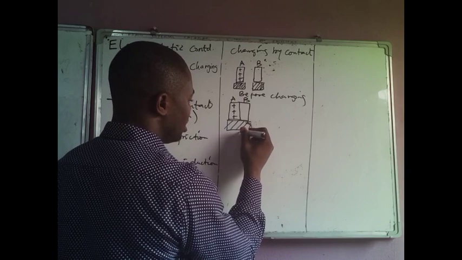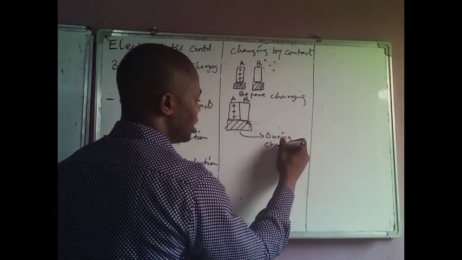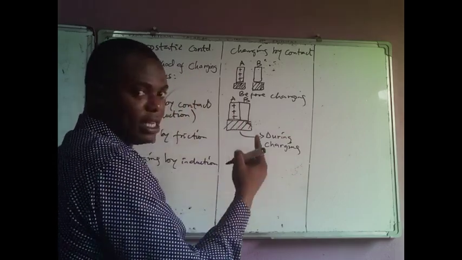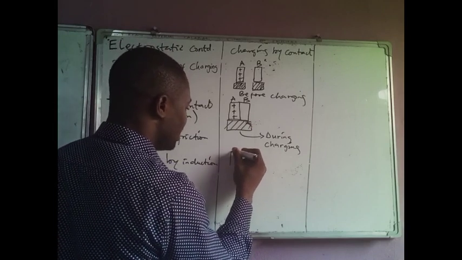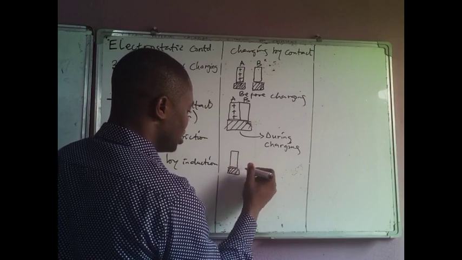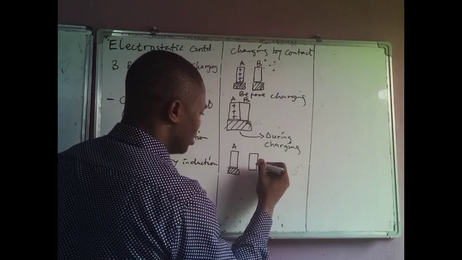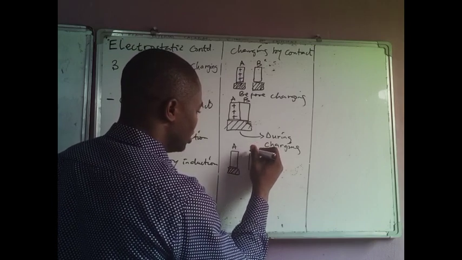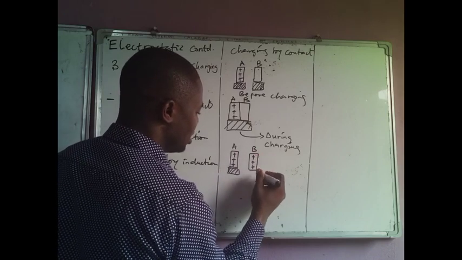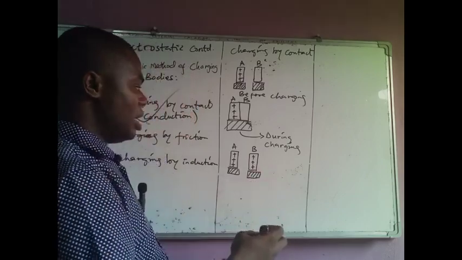Then after charging, you will have your body A and you have your body B. This is positively charged, and this one ends up acquiring a positive charge. That is what you need to know under charging by contact.